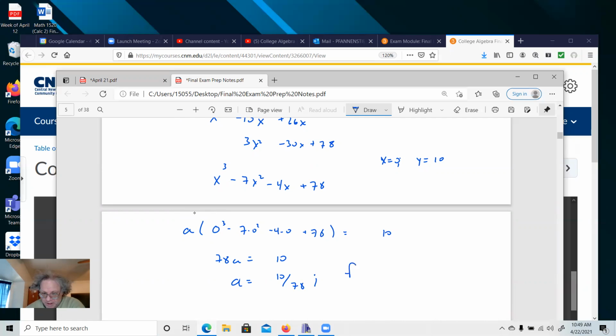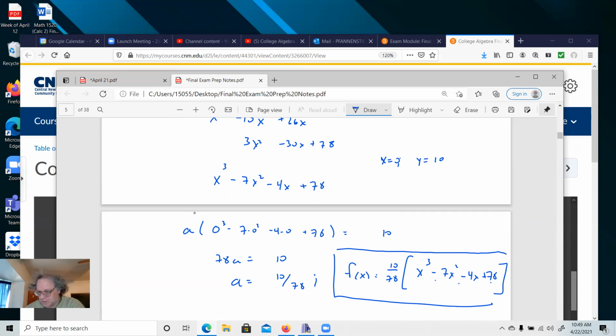So my function that we're looking for is 10/78 times x cubed minus 7x squared minus 4x plus 78. I guess we could simplify this a little bit more, but that's really what I'm looking for.